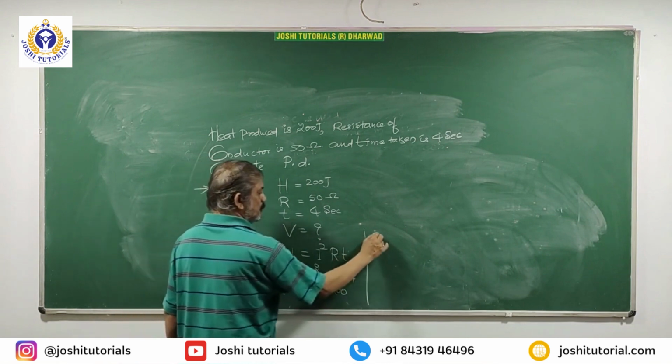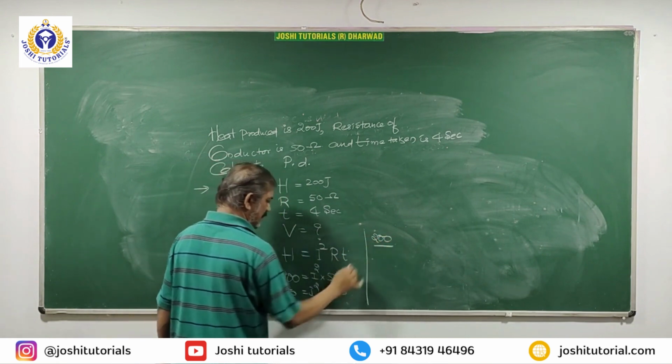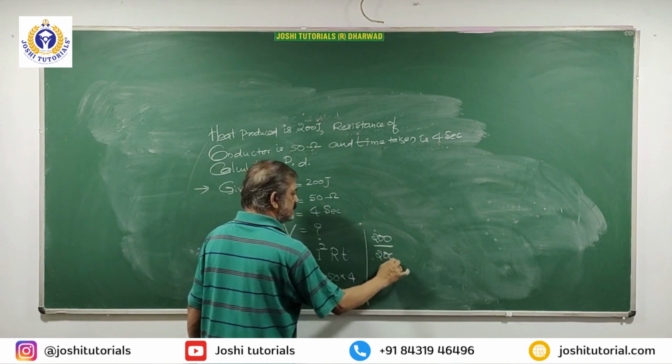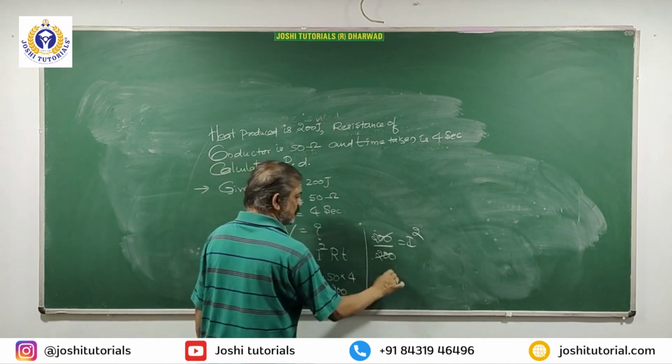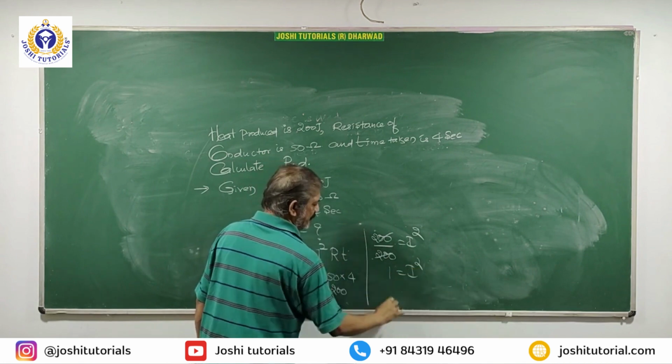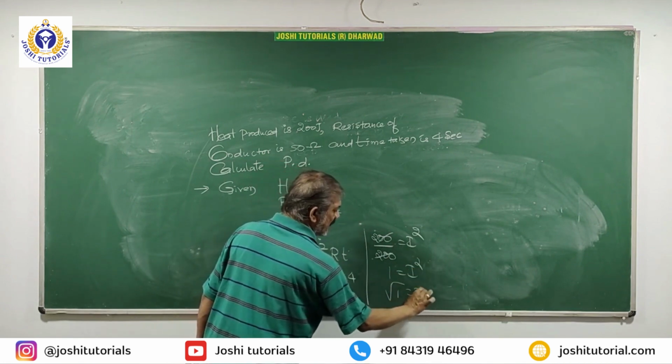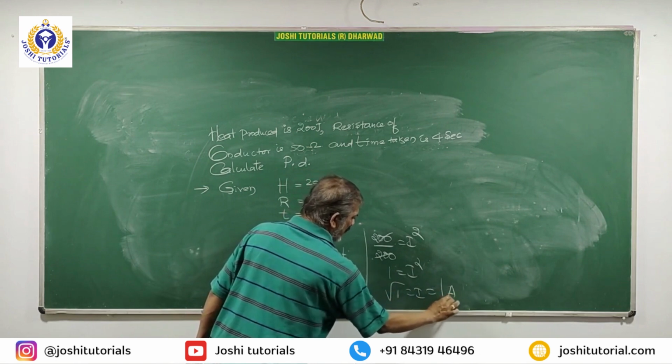Therefore, 200 divided by 200 gives you I square. Cancels, you will get 1. Therefore, square root of 1 is I, that is 1 ampere.